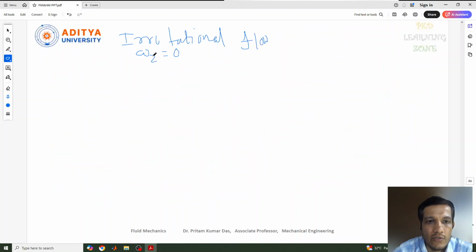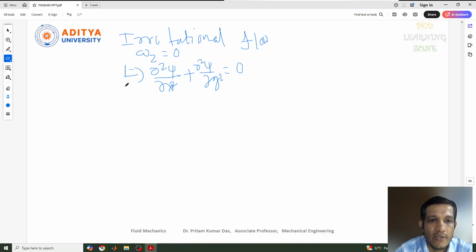So omega z equal to 0 means, taking the 1 by 2 to the other side, del square psi by del x square plus del square psi by del y square equal to 0. If you see, this equation is nothing but our previous Laplace equation. So now what we can conclude for this stream function psi, you can say the properties of this psi.